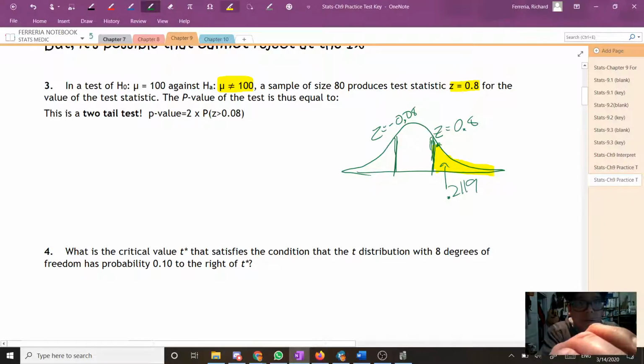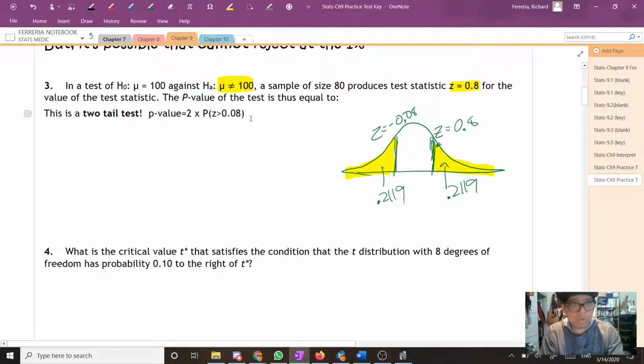That also means that this area here is also 0.2119. So our p-value is going to be equal to 2 times 0.2119, which is 0.4238.